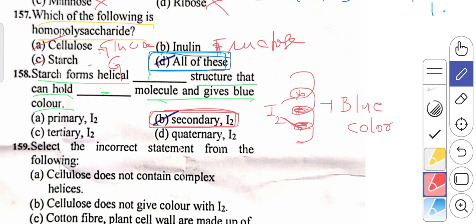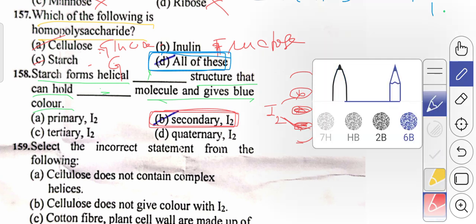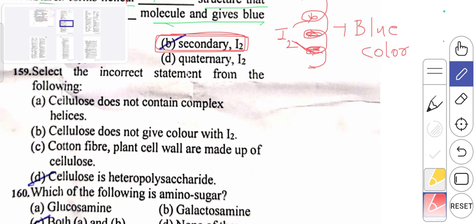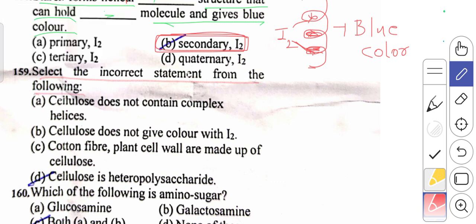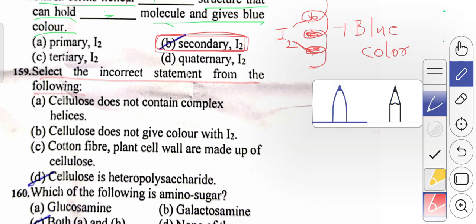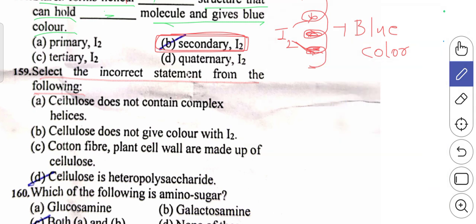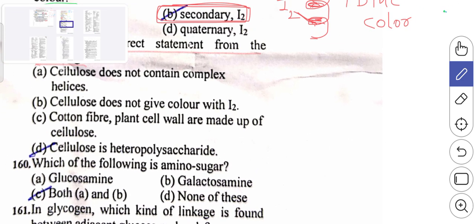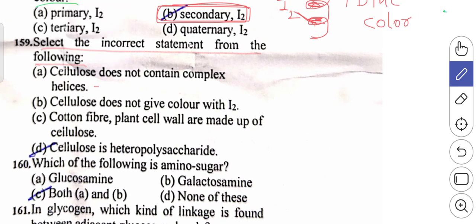Then let's study the next one, that is the 159th question. Select the incorrect statement from the following. You have to select the incorrect one. Cellulose does not contain complex helices.